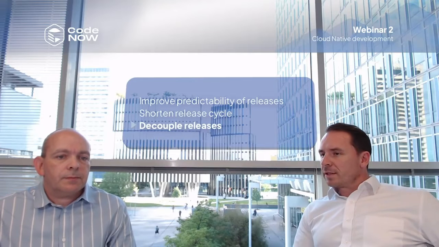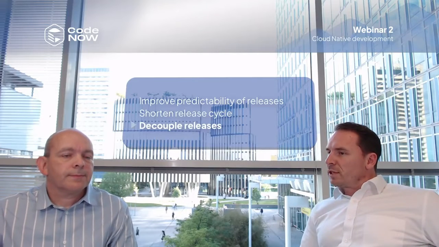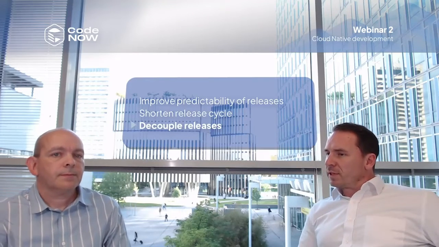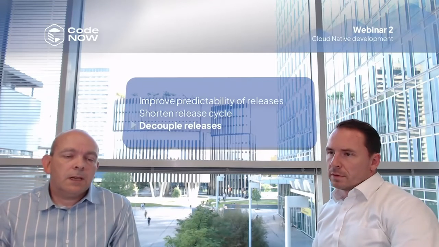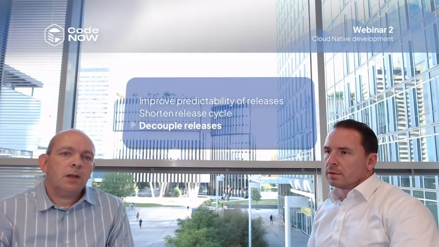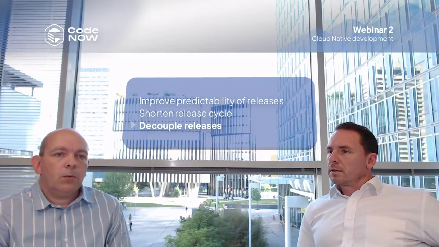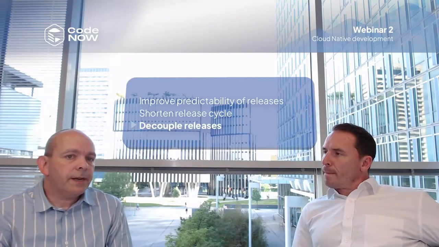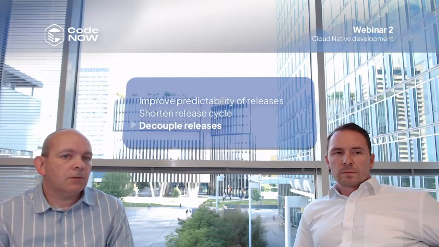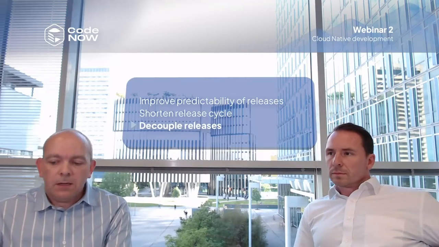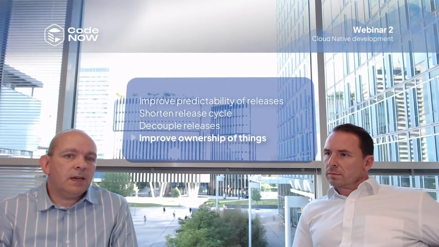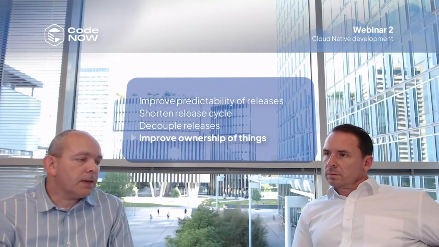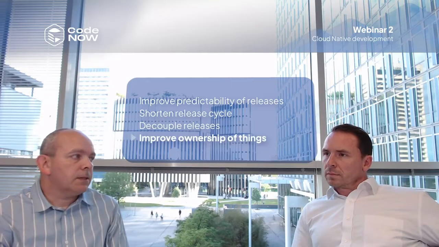All right, got it. So such an approach must result in significantly decreased scope of a single release, right? Exactly. The less things you have to change, the less chance of a failure. While such a shift is necessary, it would not be enough without ownership improvement of the things, which seems to be an easy and natural evolution, but in fact, this is a key success factor.